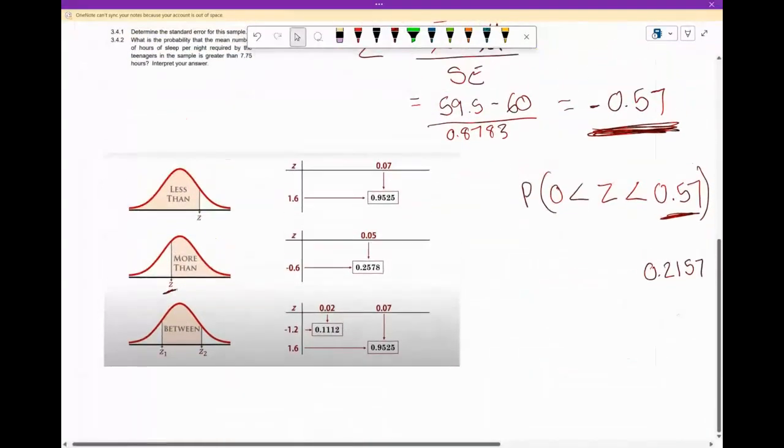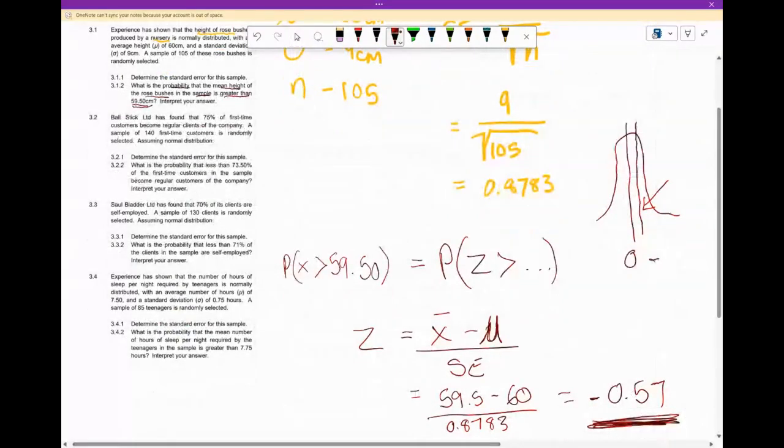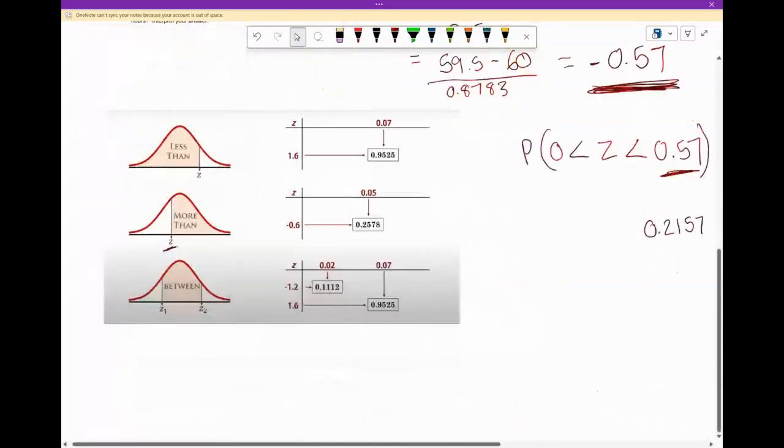Instead of, we know that when we have this type of situation, we say 0.5 minus whatever the positive z-score would have given us. But because we had a negative one, we have to add 0.5, which would then give us 0.7157.